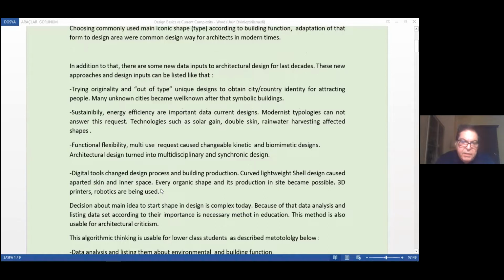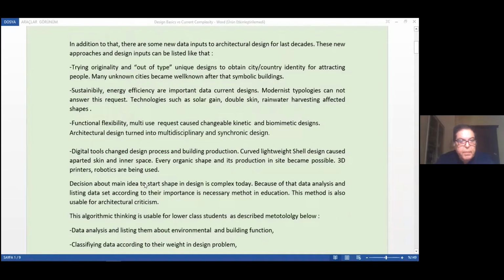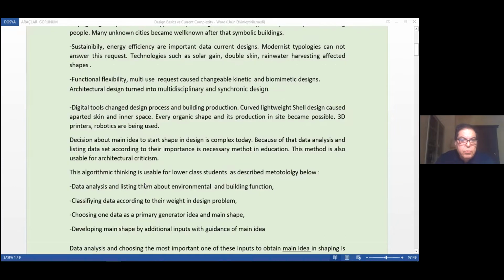Architectural design turned into multidisciplinary and synchronic design. Digital tools change the design process and building production. That's another current change in the architectural field.